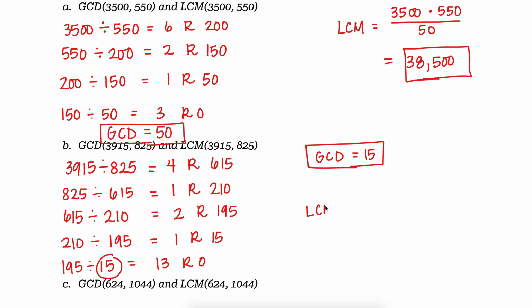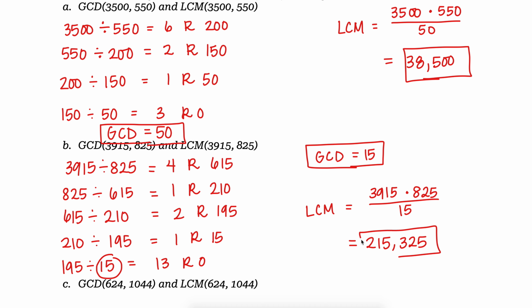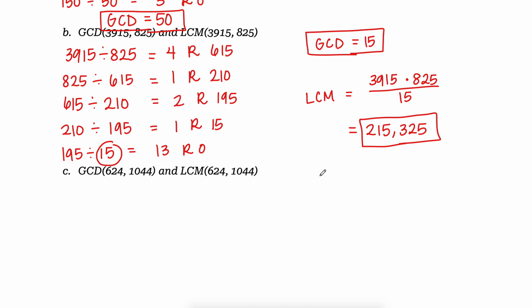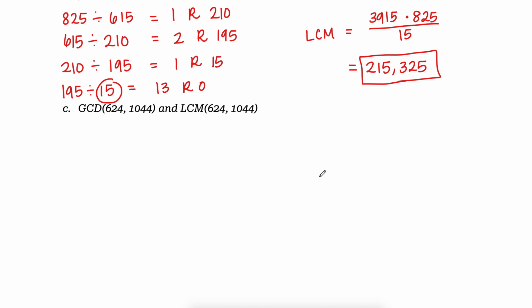To find the least common multiple, you're going to multiply your two original numbers together and then divide by that greatest common divisor. So in this case, our least common multiple is 215,325. And then one last one.